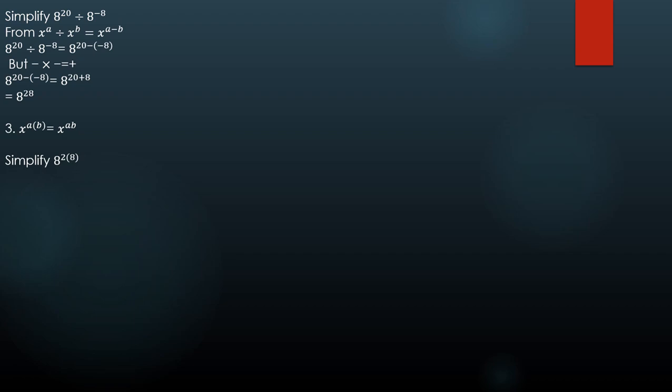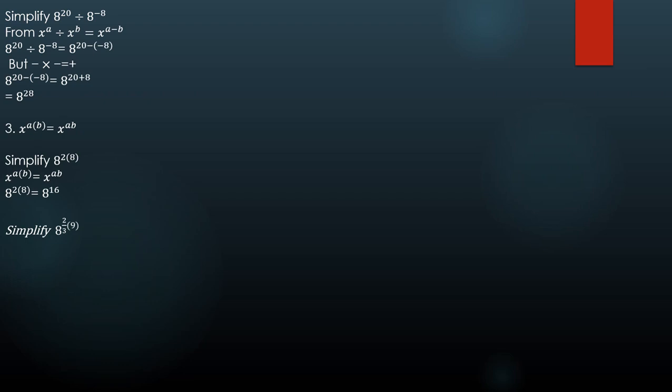For example, we have 8 raised by 2, open your bracket, put 8 into it and close your bracket. We can rewrite this as 2 times 8 as their power, so we'll have 8 raised by 16. These as well: simplify 8 raised by 2 over 3, open brackets 9, then close brackets.